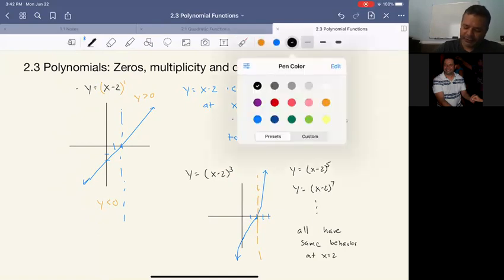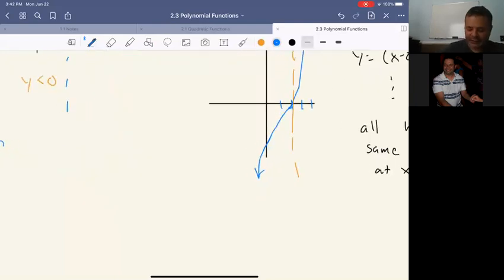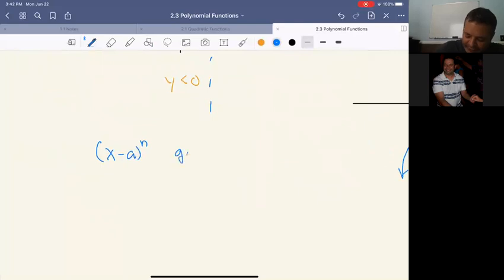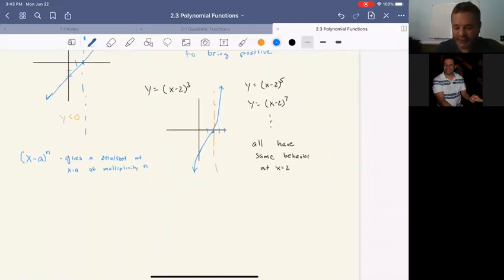Okay, so (x minus a) to the n gives a 0 or a root at x equals a of multiplicity n.